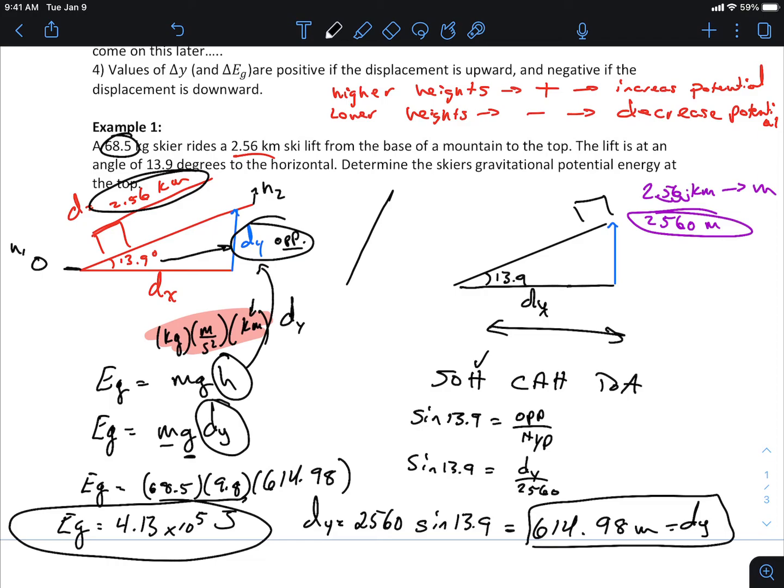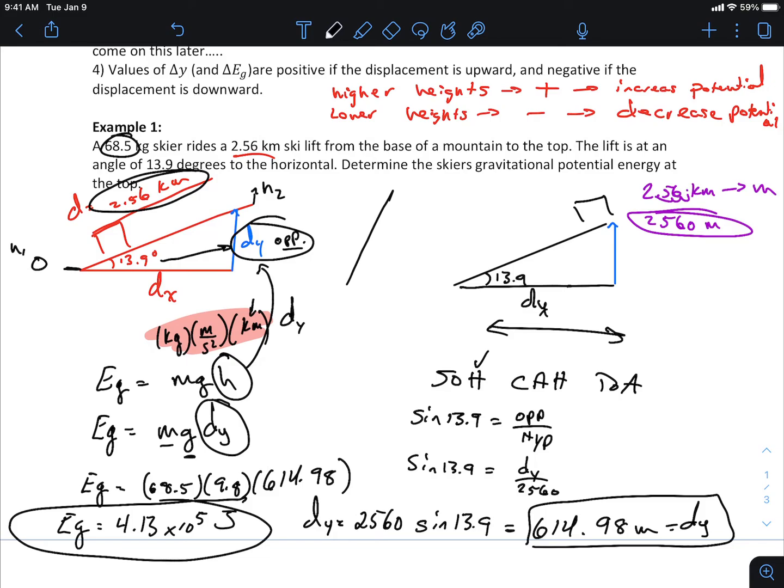And then we get a context as to, holy, being 614.98 meters above where you started, that's a lot of potential energy. It's tough to contextualize that number until we've actually done some work around that. That's a big number, 4.13 times 10 to the 5, okay?